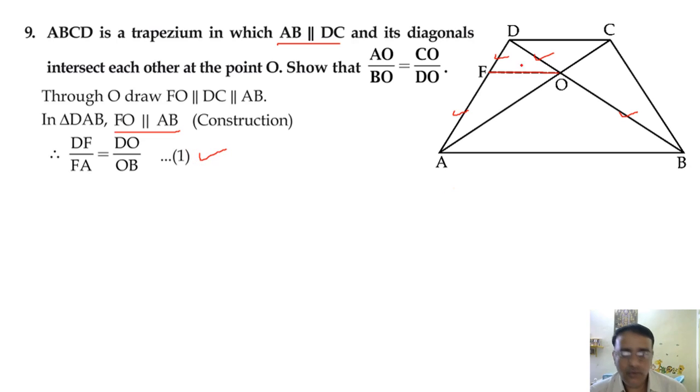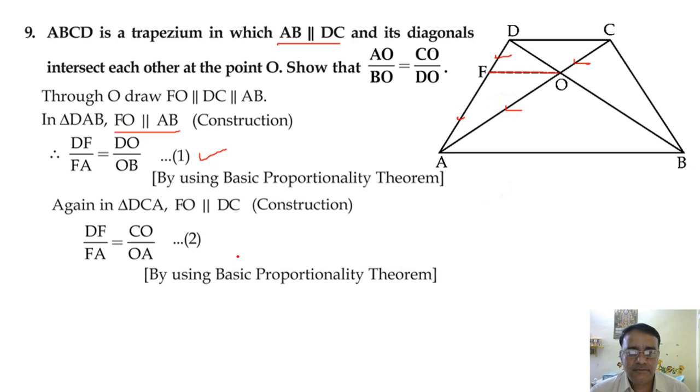Right, now we are going to apply basic proportionality theorem in this triangle ACD. ध्यान से देखो, DF upon FA is equals to CO upon OA. Let it be equation number 2 by basic proportionality theorem.